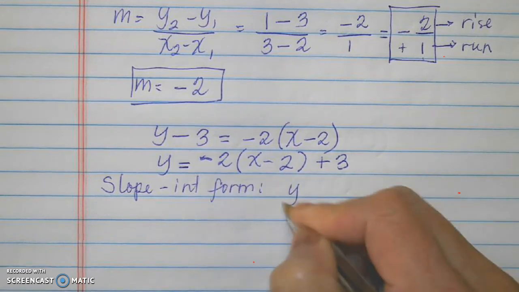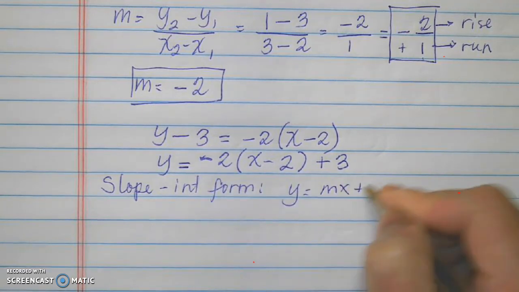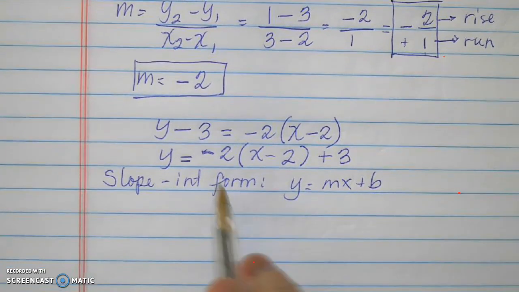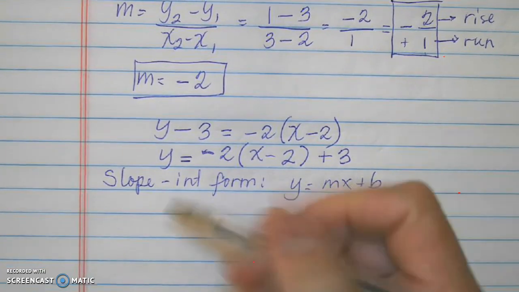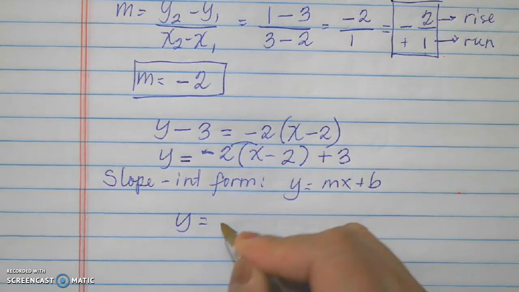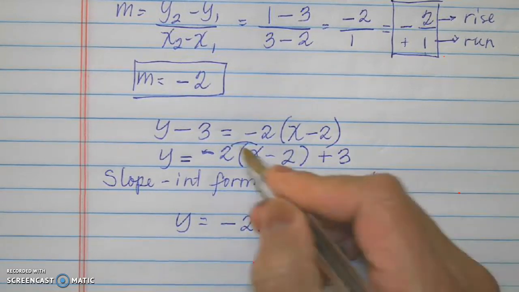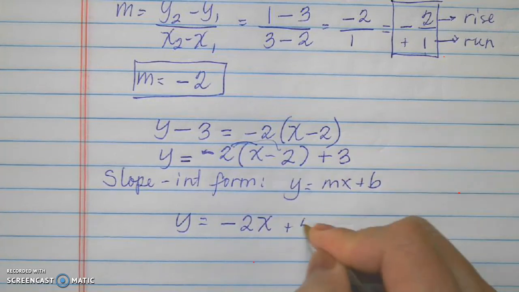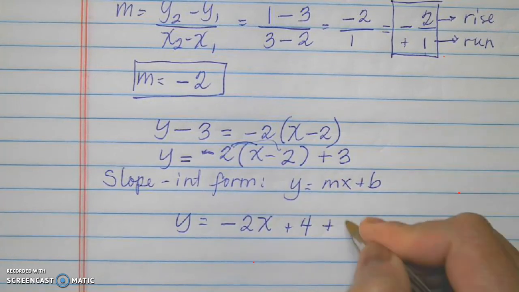which is y equals mx plus b, then I will have to distribute the negative 2 to both. So it's going to look like this times this, negative 2x. This times this is positive 4. Then plus 3.